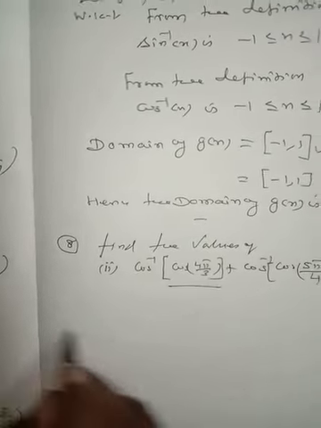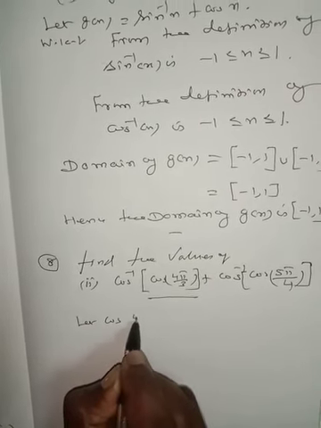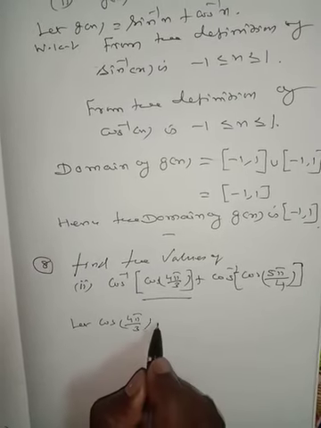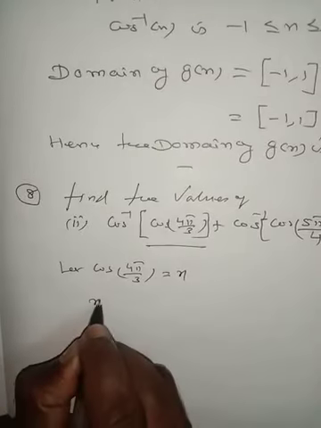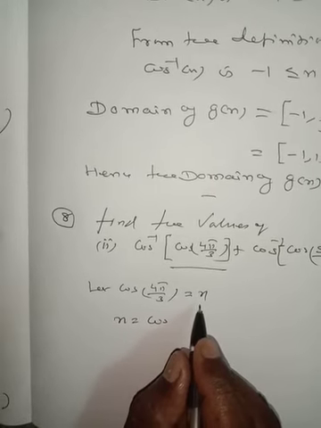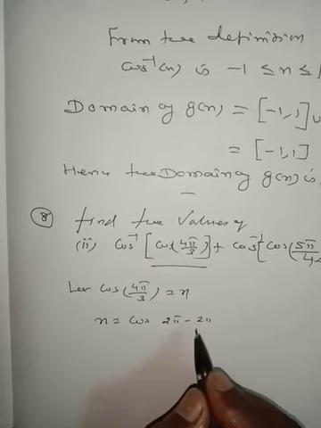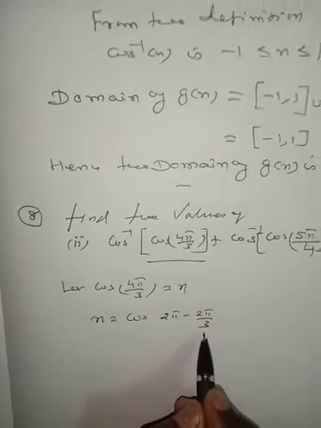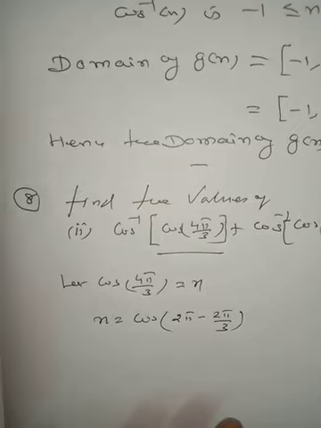First, let cos of 4 pi divided by 3 is equal to x. Now x is equal to cos of 4 pi by 3, which can be written in the form of 2 pi minus 2 pi divided by 3. Taking LCM, 2 3s are 6 pi, 6 pi minus 2 pi is 4 pi, 4 pi divided by 3.